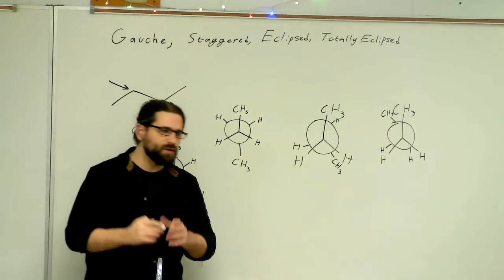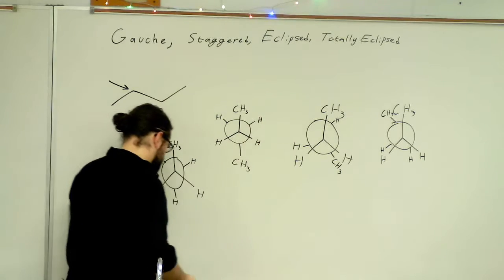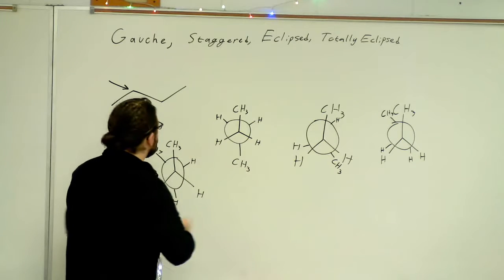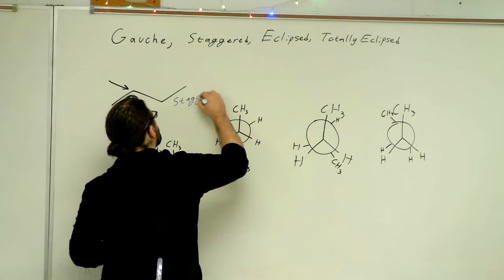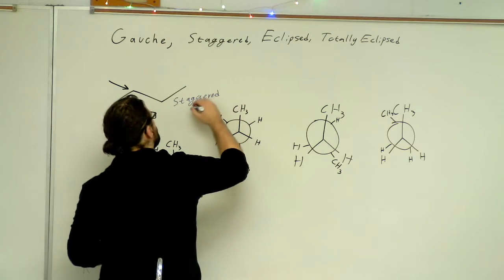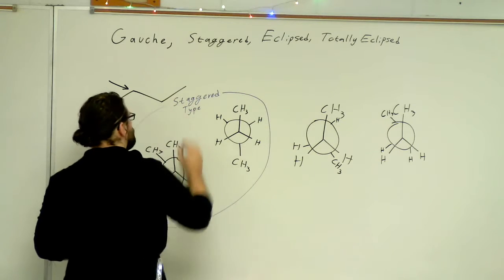So let's give each one of these a name, remembering that these are both staggered types of conformation. And staggered is always going to be lower than eclipsed. So I'm going to write that these are staggered, those two.